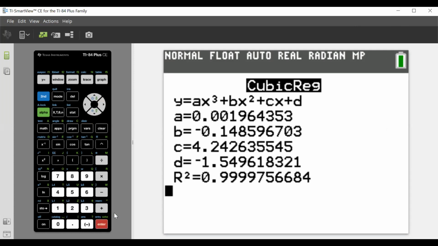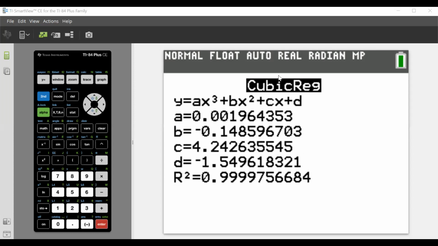So I'm saying that my equation now is going to be 0.002x cubed minus 0.149x squared, and then plus 4.243x, and then minus 1.550, and that's what we're going to have.